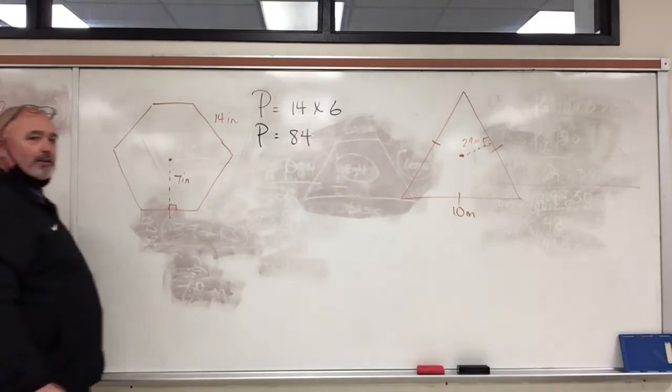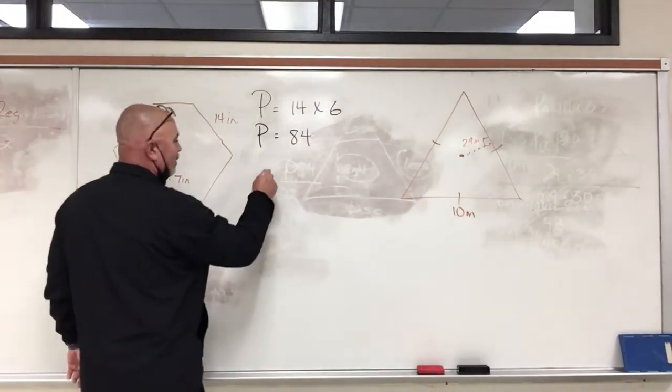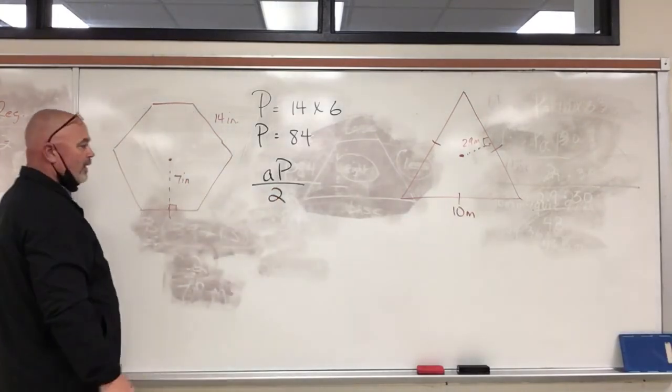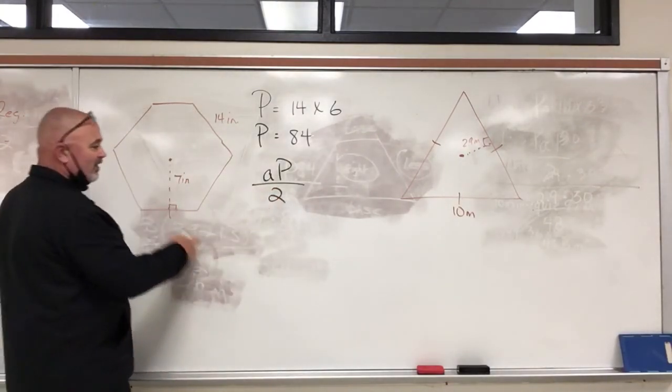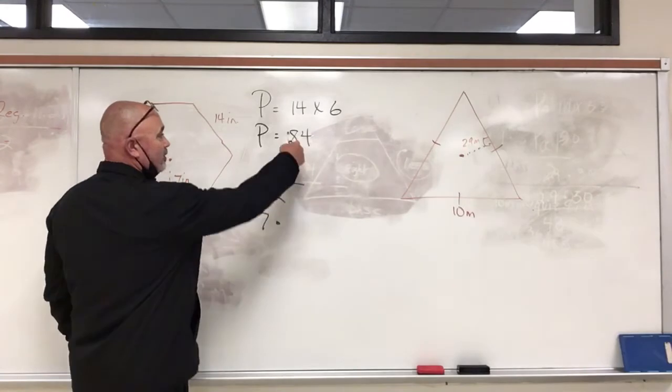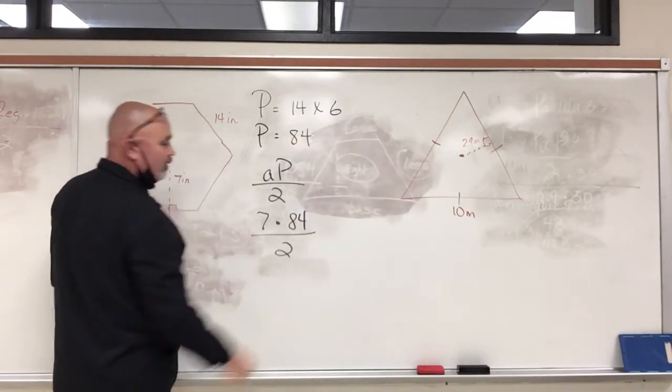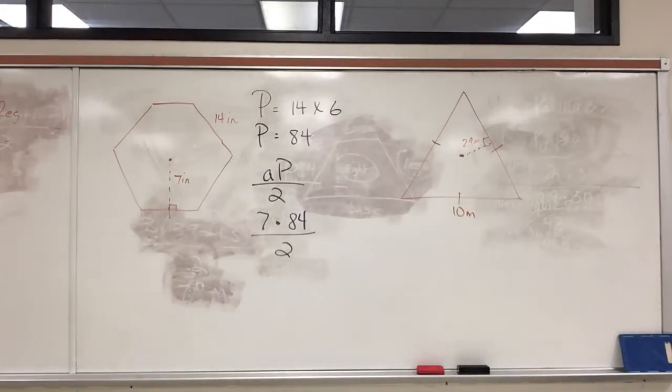Now to find the area, I'm going to take the apothem times the perimeter and divide by 2. The apothem is 7, times 84, divided by 2. And I'm going to type that into my handy dandy calculator like we're all doing right now instead of being on our phones. Put your phones down.